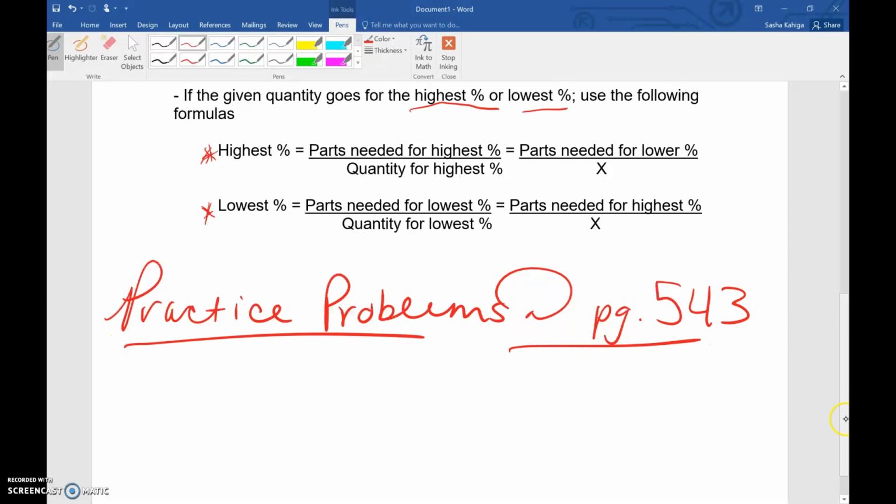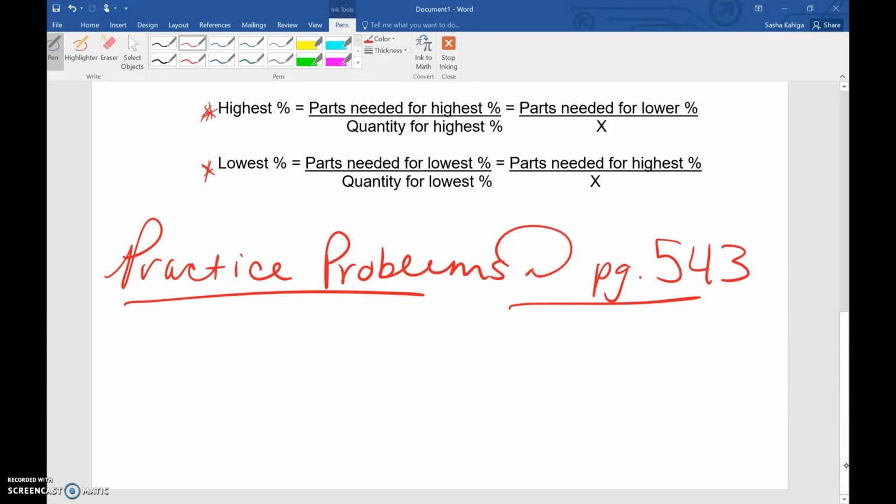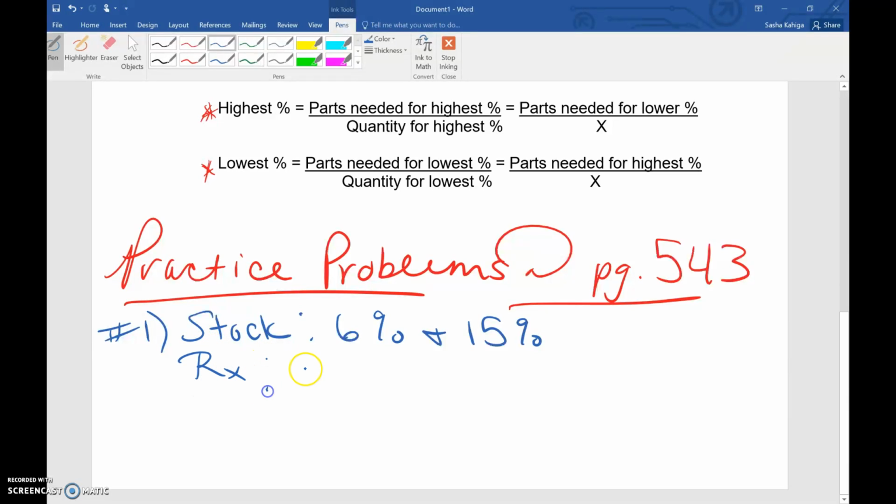For the very first one, number 1, it says that on hand is a 6% solution and a 15% solution. So I'm going to identify my components. In stock, I have a 6% and a 15%. And it tells us to prepare 500 milliliters of a 10% solution. Whatever you're preparing is your prescription.